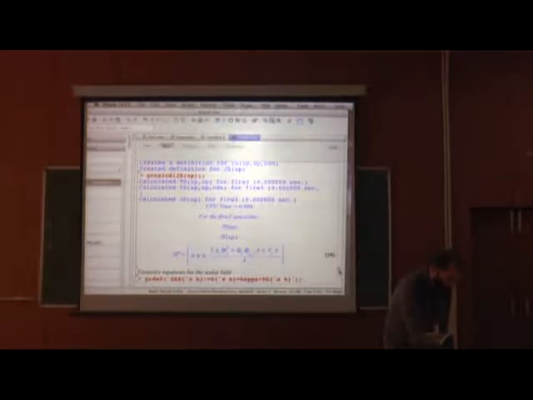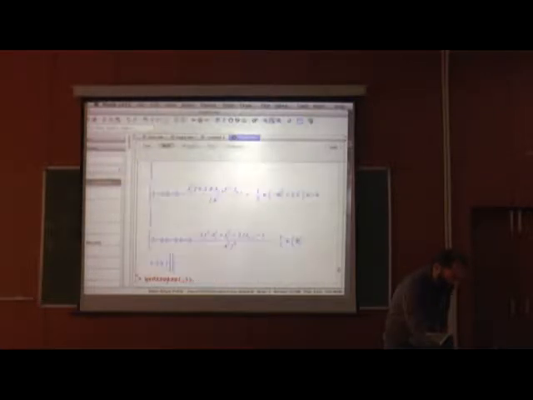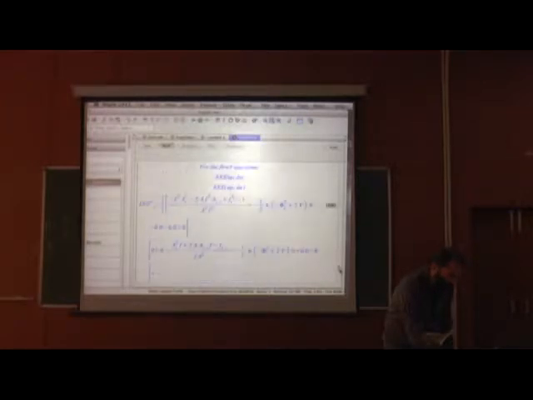Now let's write the field equations, the Einstein equations. Calculate and display. We don't need this one. This is the Einstein field equations for the scalar field.